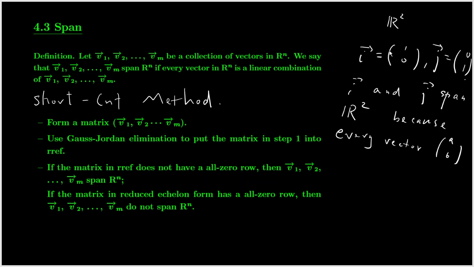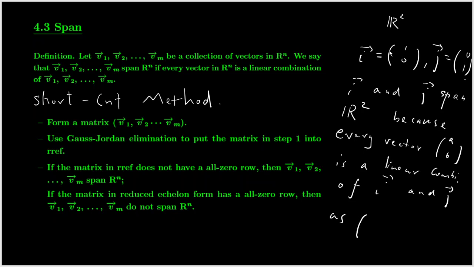We want to show every vector is a linear combination of i and j, right? So every vector with two components a and b is a linear combination of i and j, as we have seen too many times.